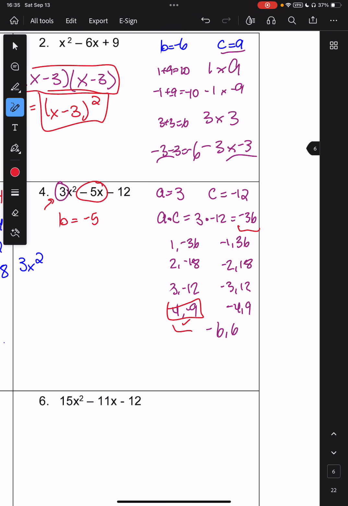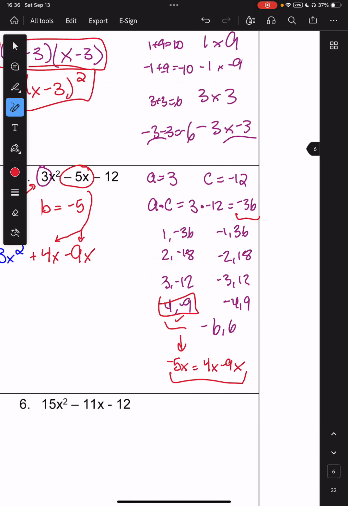What I mean by that is that we are going to change our negative 5x to 4x minus 9x. And how that works is, remember, our negative 5x is equal to 4x minus 9x. So these are the same. We're just exchanging our 5x for our 4x and our negative 9x. And then we're still going to keep the same with our 12.